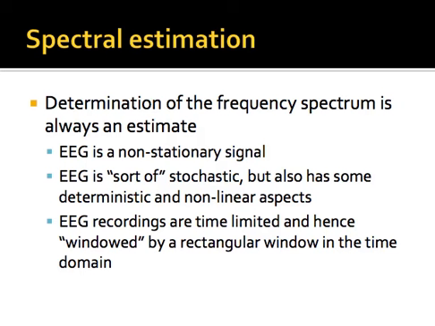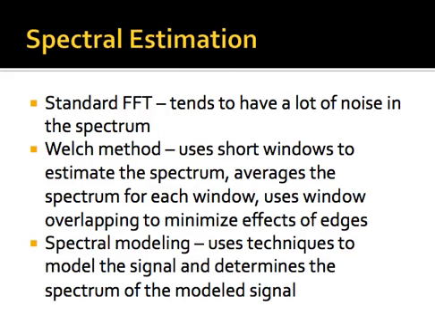Okay, because of all of these issues, a lot of times what's done is you don't just take your entire EEG data set, do a Fourier transform, and represent that in the frequency domain. Instead, you use some sort of tool known as spectral estimation. There are lots of ways to do spectral estimation. Your standard FFT has a couple of issues. We've referred to some.